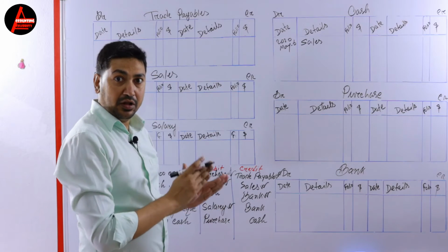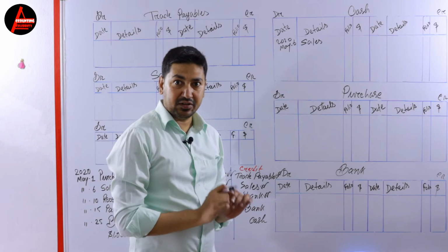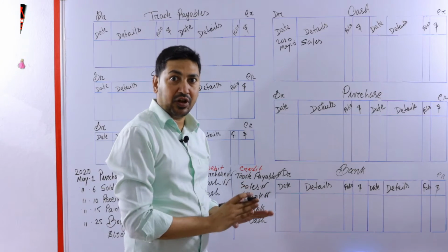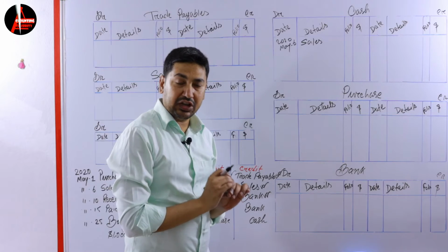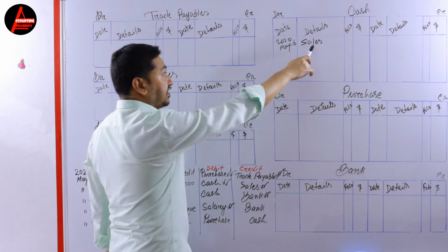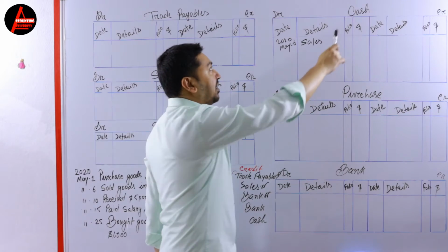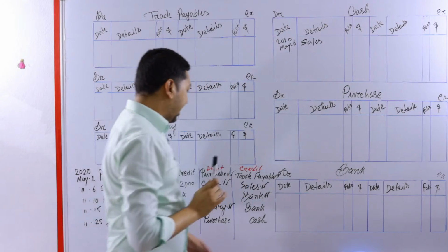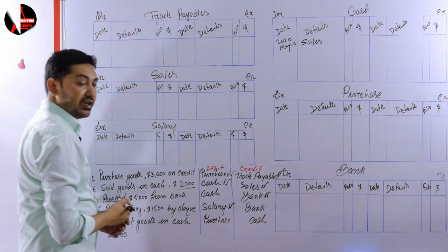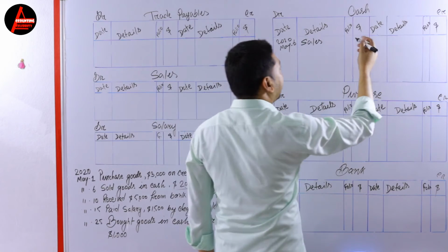This is part of the format, so you have to prepare the format perfectly. Draw this folio column, but you do not need to write anything in it. So we write here sales, the opposite account, because sales is the opposite account of cash. Now how much? It is $2,000. So right here in the dollar column.